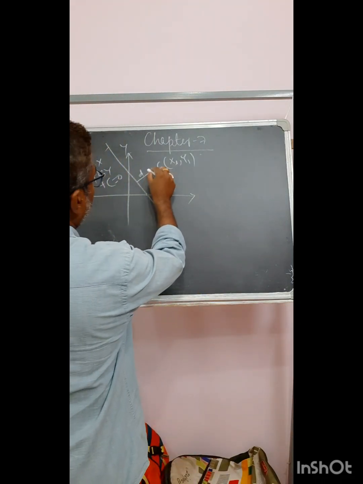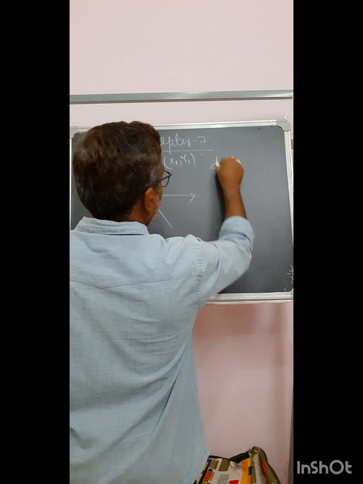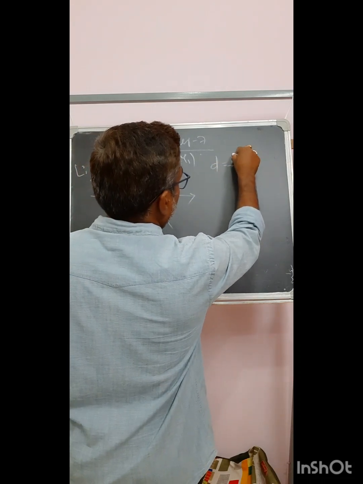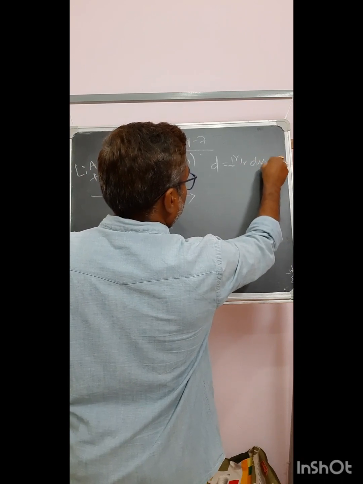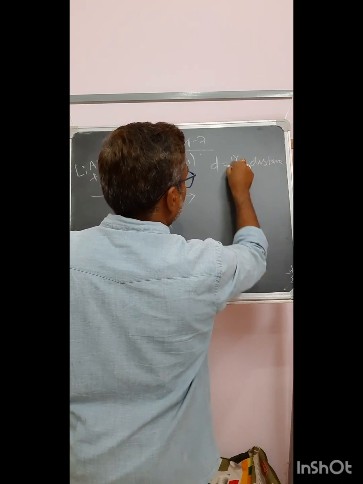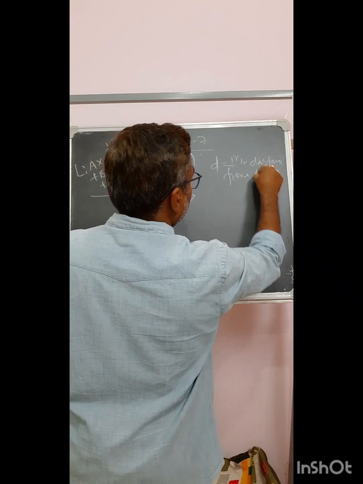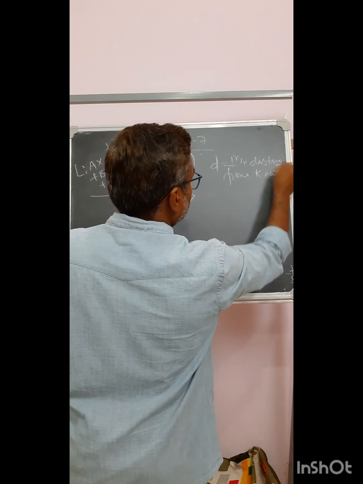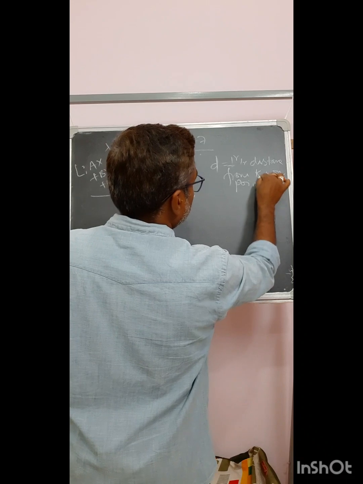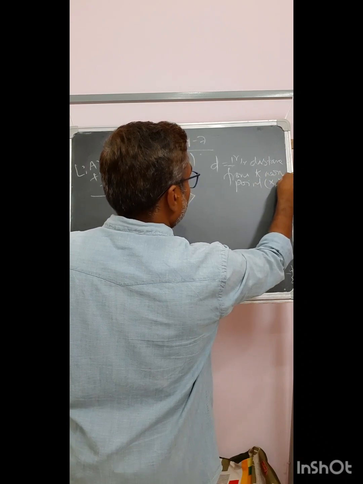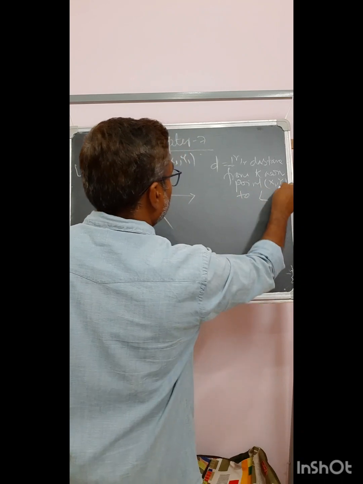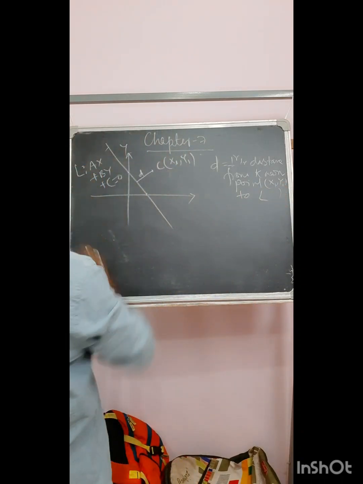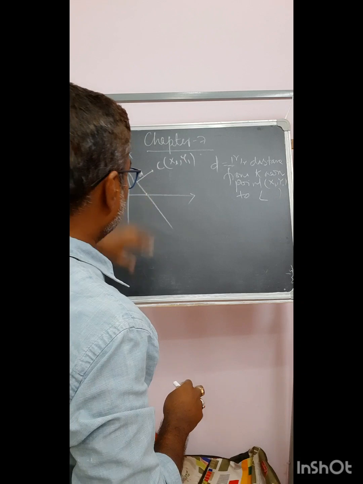Now this d represents the perpendicular distance from the known point x1, y1 to L. L I am denoting as the line that has been given.